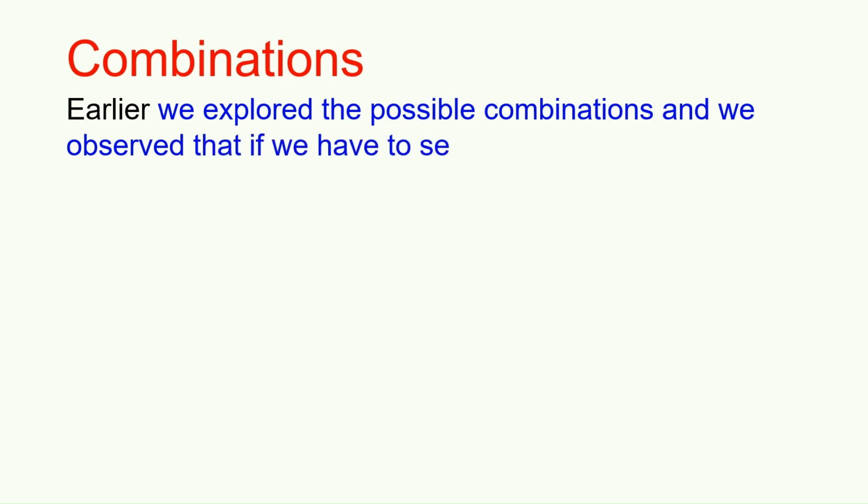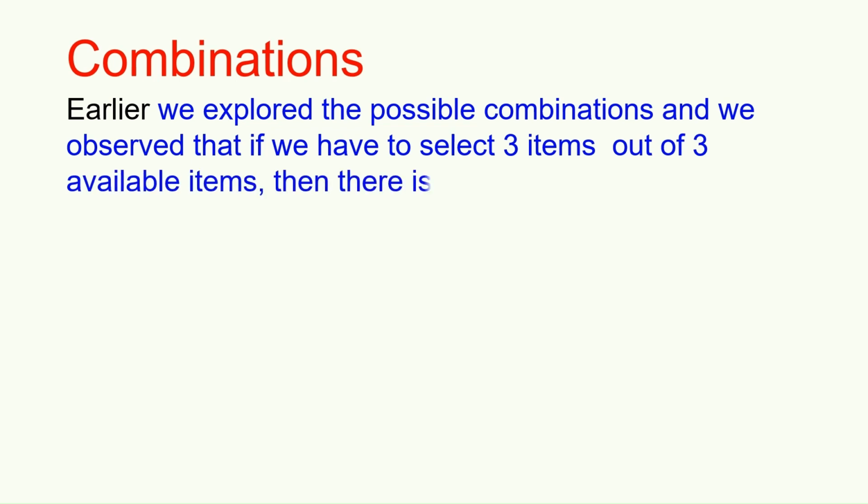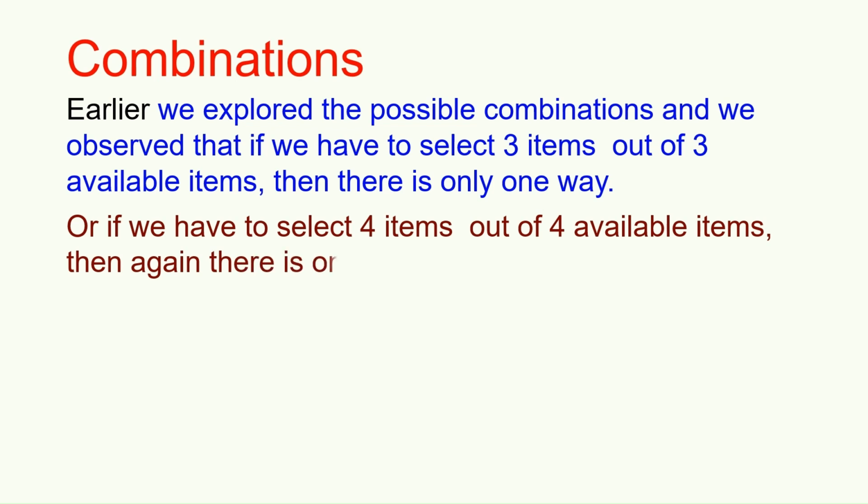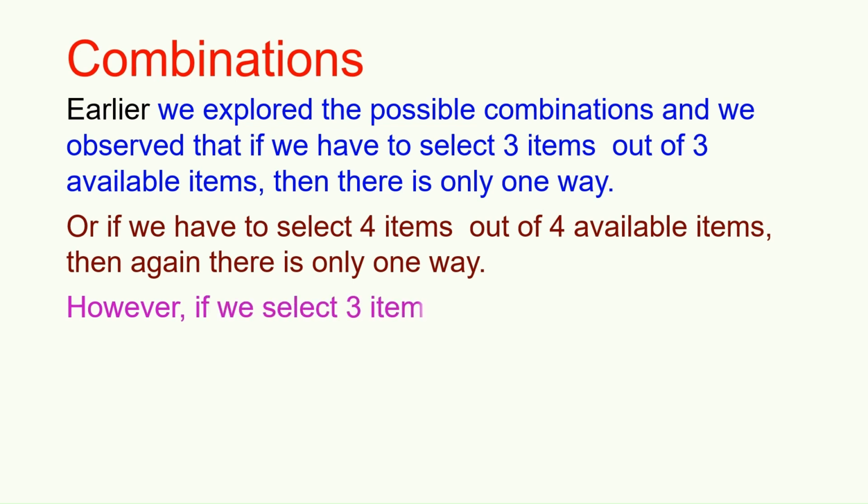Combinations. Earlier, we explored the possible combinations and observed that if we have to select 3 items out of 3 available items, then there is only one way. Or if we have to select 4 items out of 4 available items, then again, there is only one way.